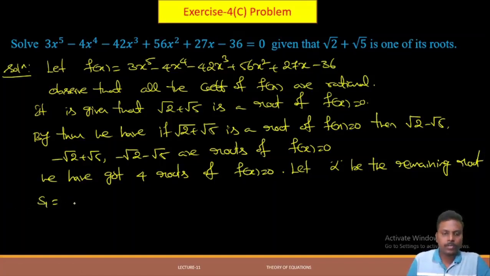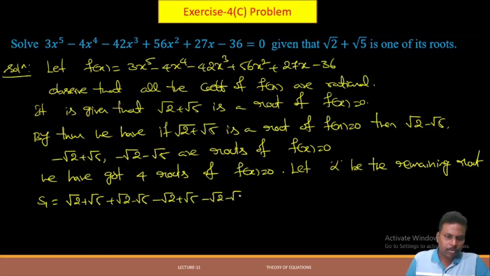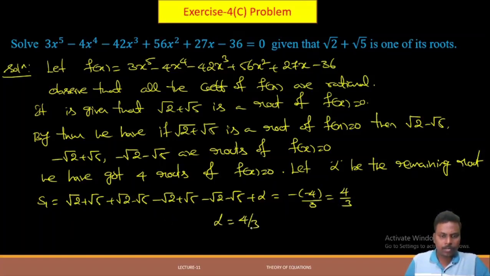S1 is equal to root 2 plus root 5 plus root 2 minus root 5 minus root 2 plus root 5 minus root 2 minus root 5 plus alpha is equal to minus of minus 4 divided by 3, that is equal to 4 by 3. So all these things get cancelled. So what we get is alpha is equal to 4 by 3.